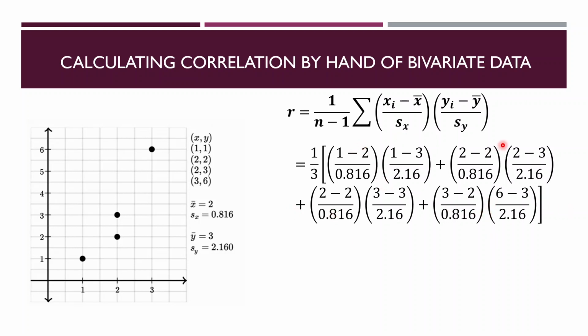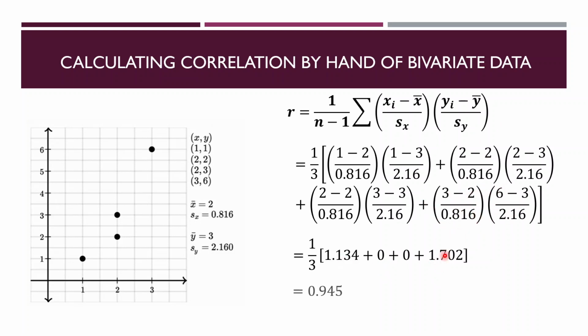As you can clearly see, one of the terms has 2 minus 3, and 0 times any number is 0. So it's just these two terms that multiply, giving 1.134 and 1.702.